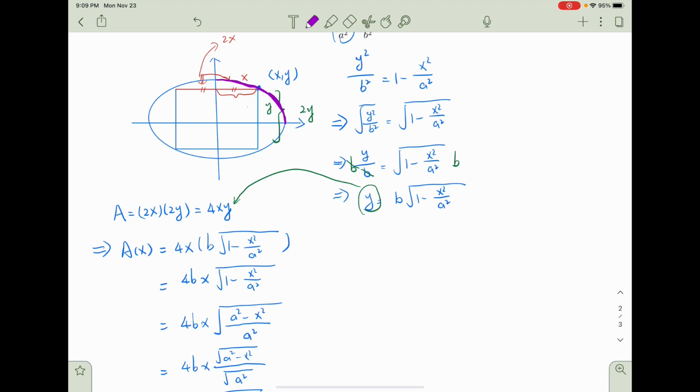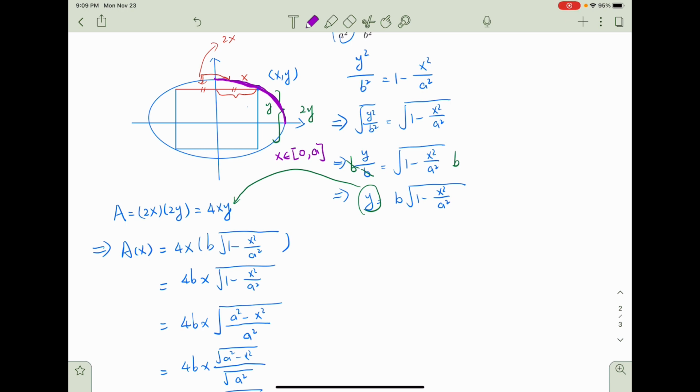So we can assume that x is from 0 to a, right? Actually, you can assume x is a negative number, but that does not help us.